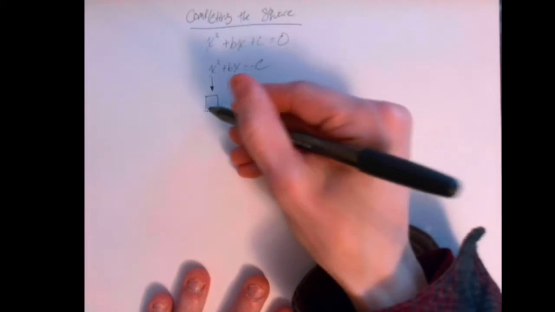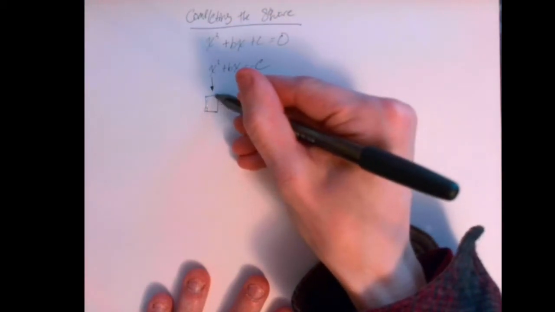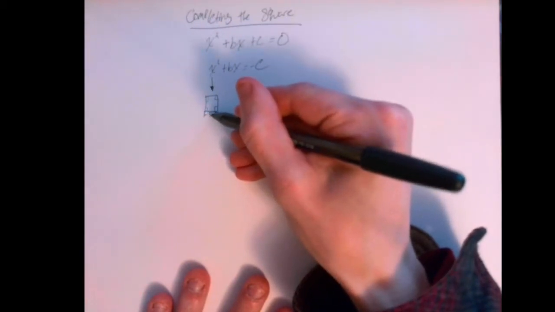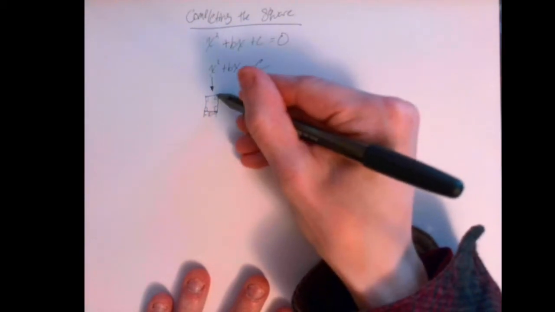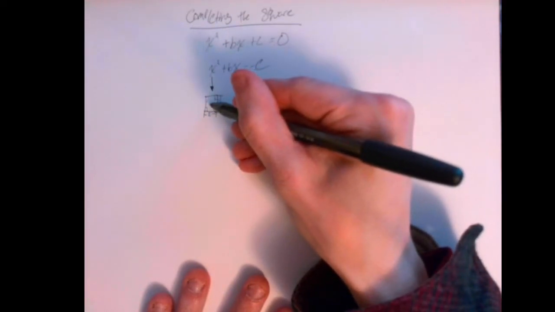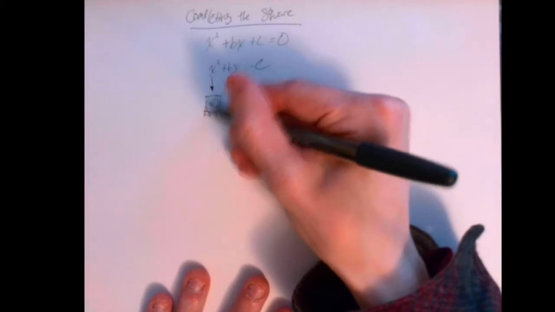That's a square with right angles with length x and height x. So the area of this square is x squared.